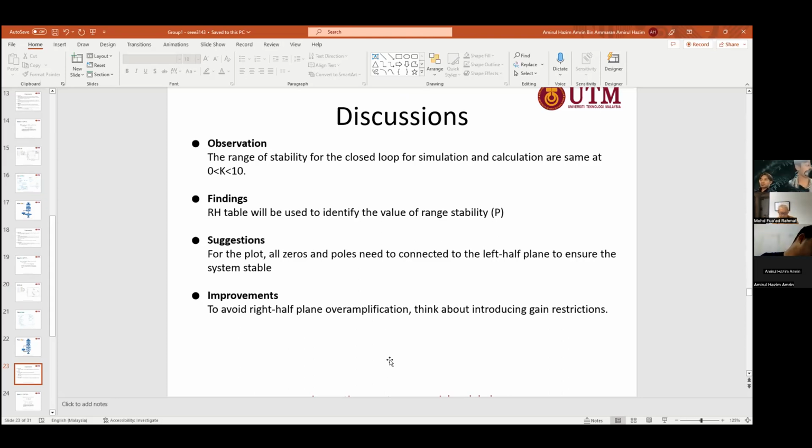We use the RH table to identify the range of stability for P. Our suggestion is to plot all zeros and poles connected at the left plane to ensure the system is stable. The improvement is we avoid over amplification, introducing gain restriction.